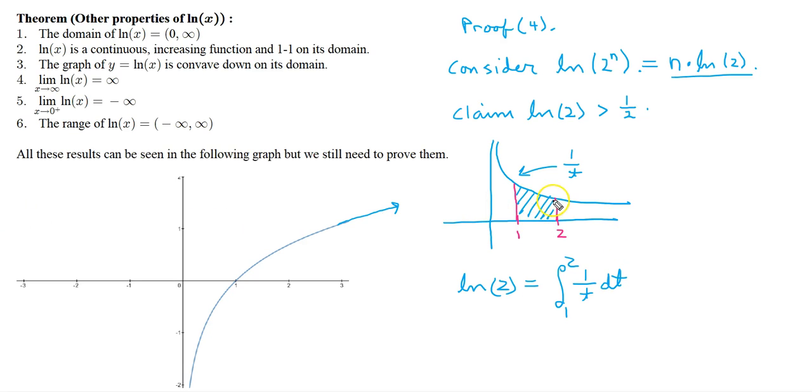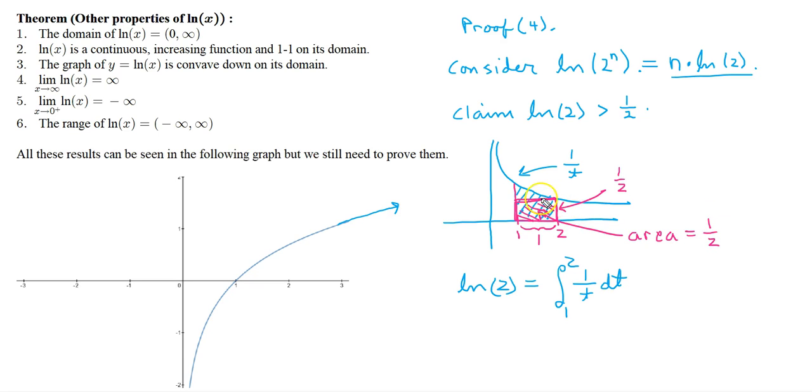Now, if we look at the area of this rectangle right here, well, you notice the height of this rectangle is 1/2, because if I put 2 in for t right here, I get 1/2. So that distance right there is 1/2, and the width of the rectangle is 1. So the area of this rectangle right here is going to be 1/2.